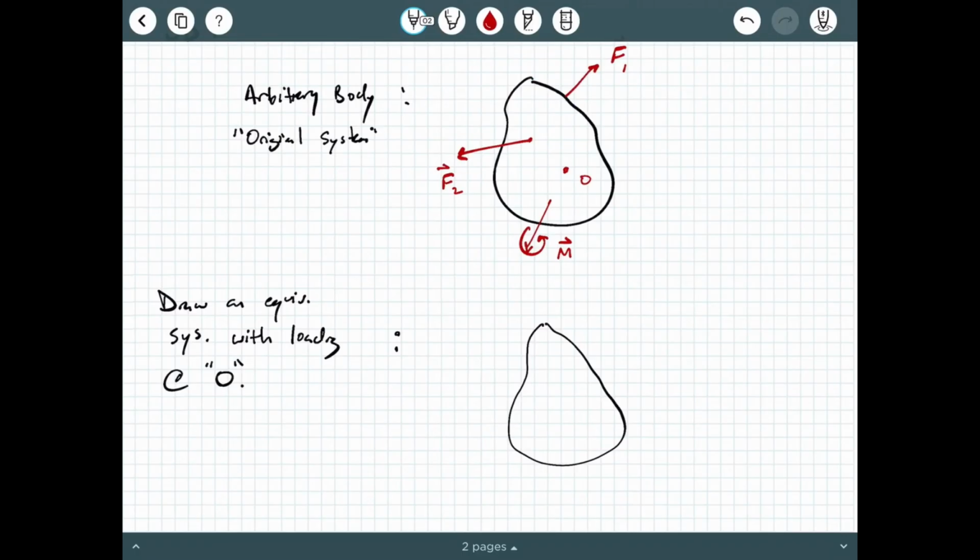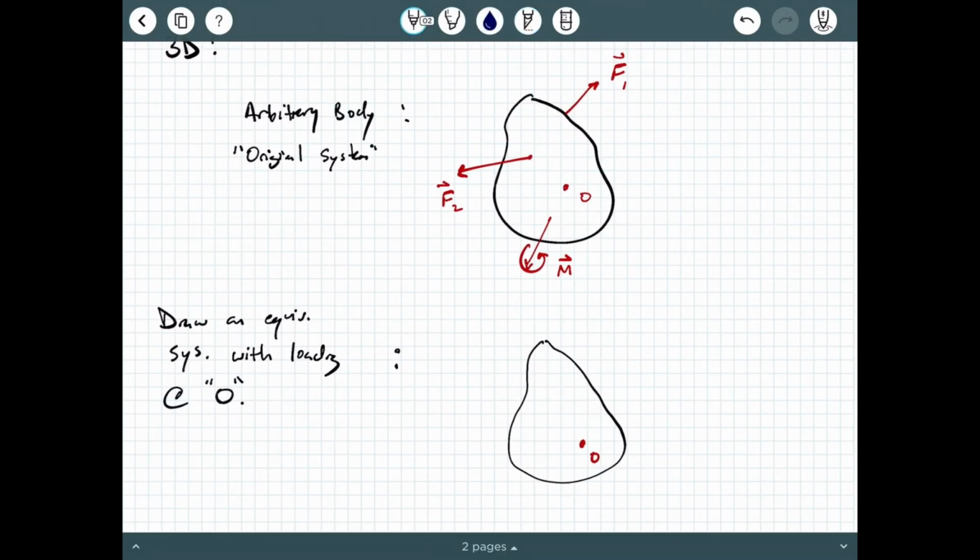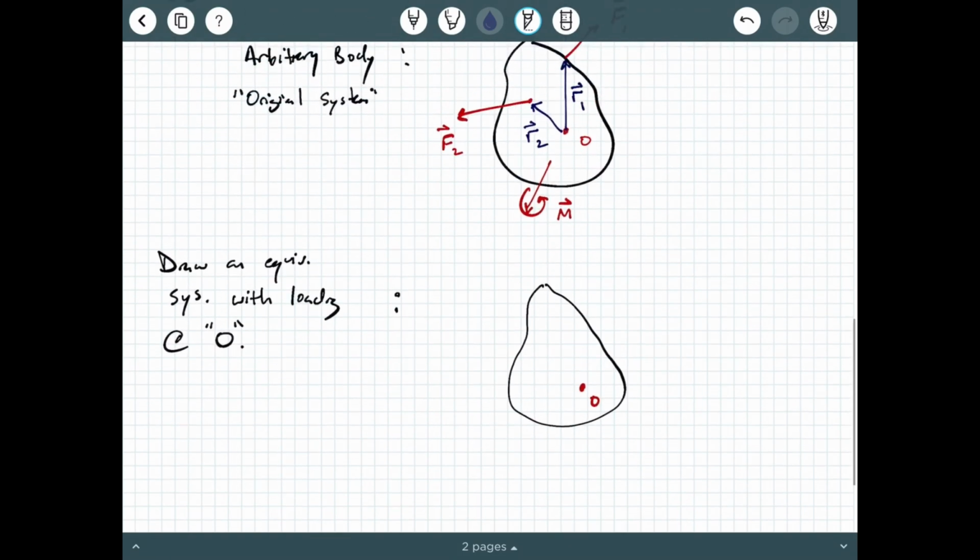And here's point O. The first thing we need to do is recognize that these Cartesian vector forces are causing a rotation about point O. They are going to have a position vector associated, like R1 and R2 right here. Do we care about the position vector for M? Not really, because it's already a moment. So how do we write this equivalent system?